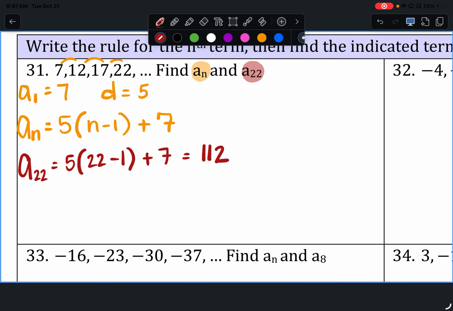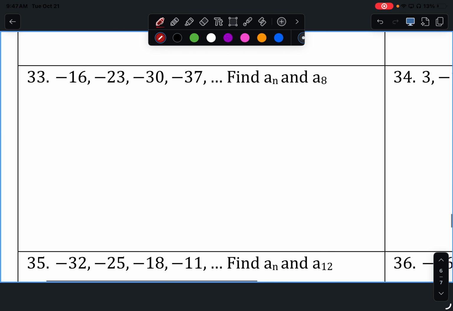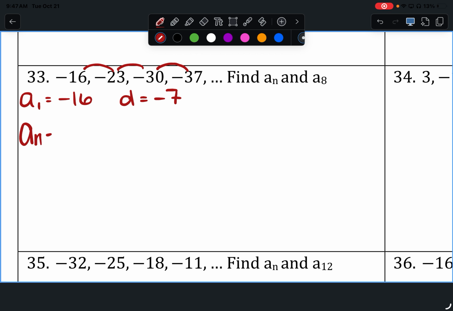All right, now we're going to look at 33. So 33, again, we're going to start. What is our first term? What is our common difference? -7. So to set up for any term, we do our common difference times n minus 1 minus 16.